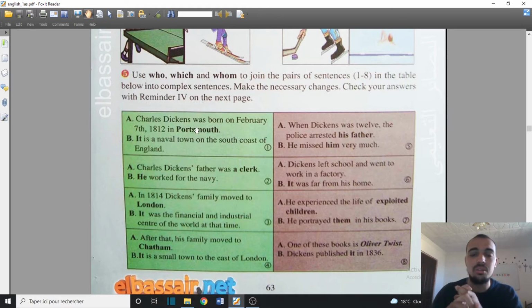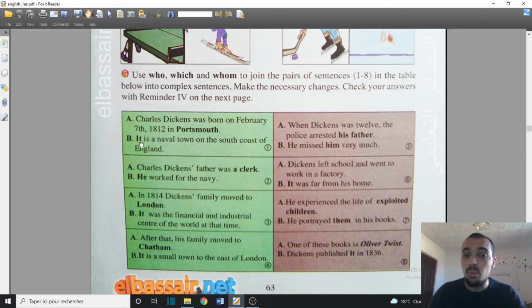So if we would like to link them together or put them as one sentence, I say, Charles Dickens was born on February 7th, 1812 in Portsmouth. Here I cannot use who because it's not a person. I'm not referring to a person. I'm referring to the name of a city.